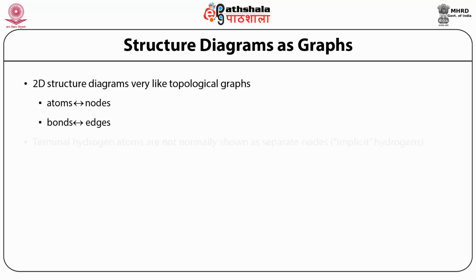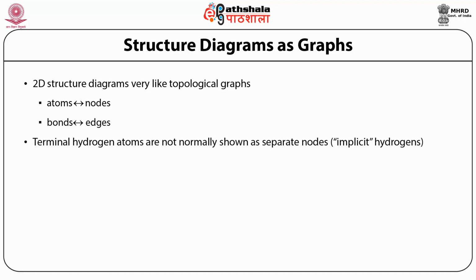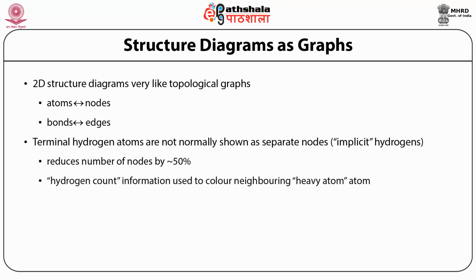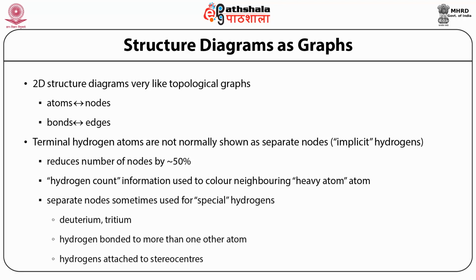Also, we can have implicit hydrogens, which reduces the numbers considerably, and this counting is used in many cases. In many cases it has been used for a hydrogen bond to another atom. Here hydrogens have been depicted, and all these can be done in graph searching.